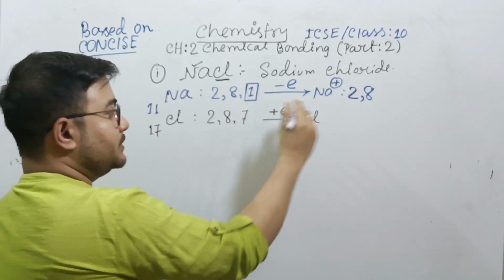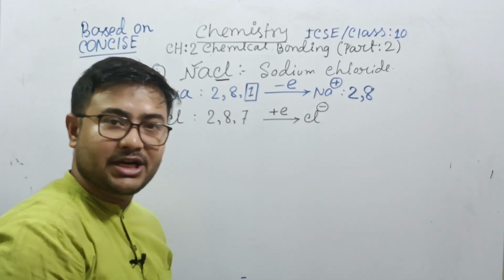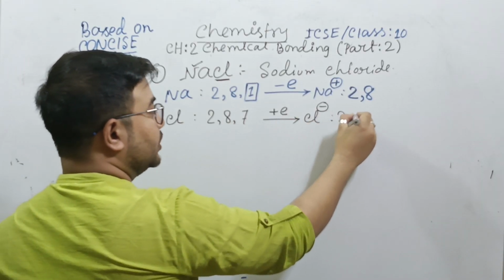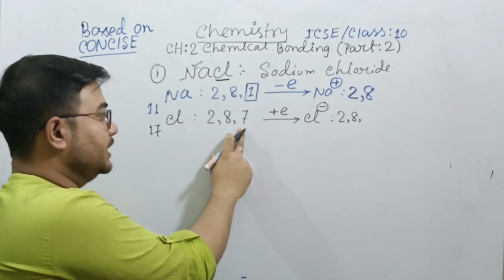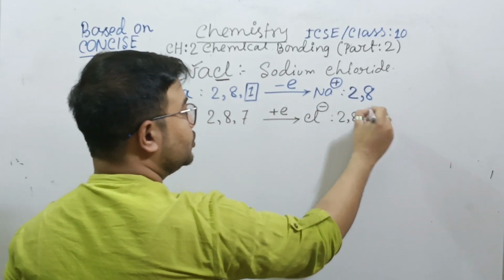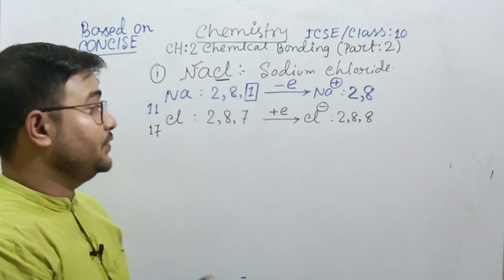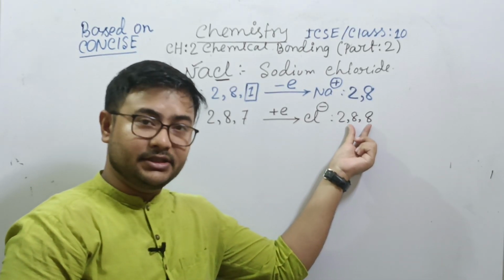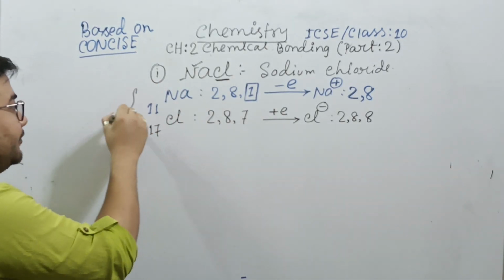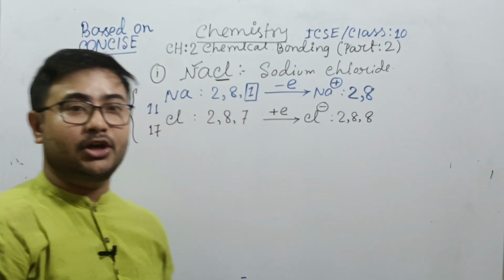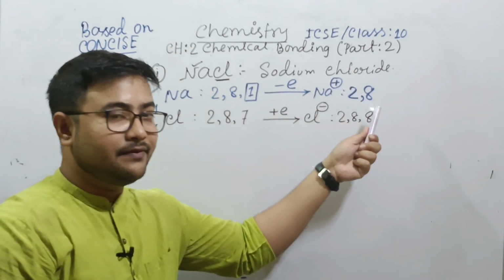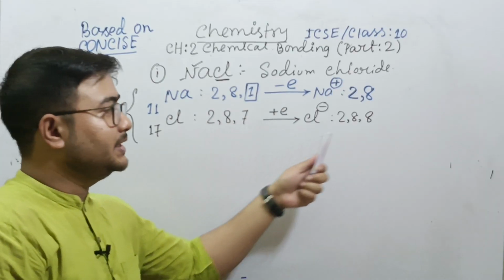If any atom accepts an electron, it becomes negatively charged and is called an anion. So after accepting one electron, Cl, which previously had 7, becomes 2, 8, 8, and obviously it gets stability due to the formation of an octet. From these two electronic configurations, it is very clear that if sodium loses an electron it gains stability, and if chlorine accepts one it gets stability.